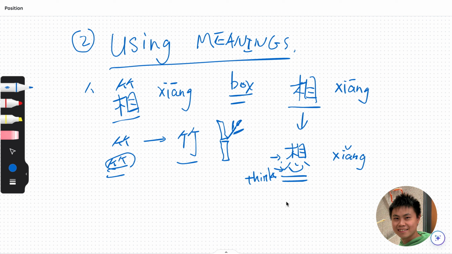Others like attitude. Attitude comes from your heart. This character is pronounced tai. And this part is also pronounced tai.